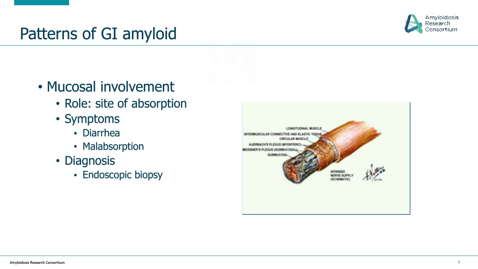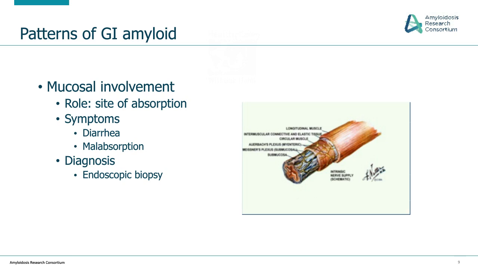So if we look at that inner layer with the mucosa, since that's where most of the absorption takes place, if people have deposition of amyloid in that area, then what we tend to see in terms of symptoms are diarrhea, and that's because since food can't actually get removed from the gut towards the blood, you keep the food in the gut, and that'll trigger diarrhea, and also malabsorption, weight loss, and bloating.